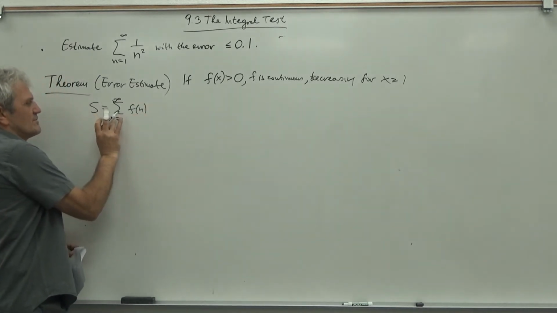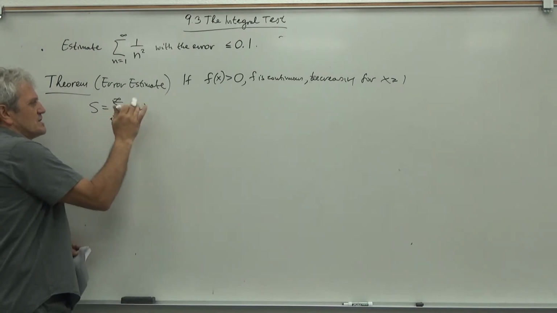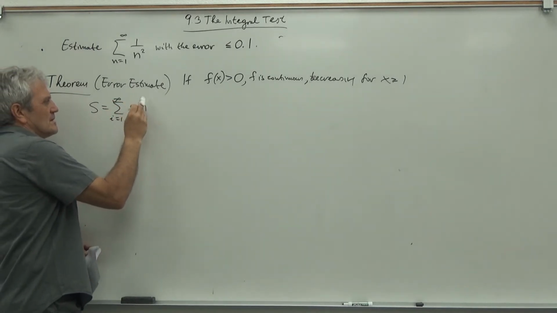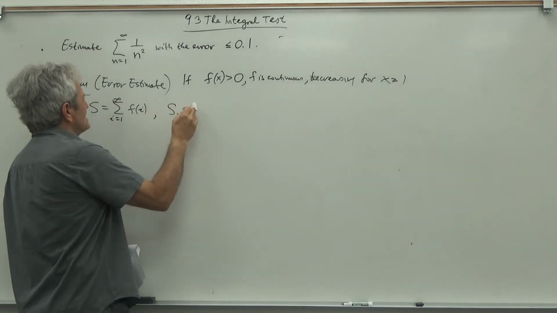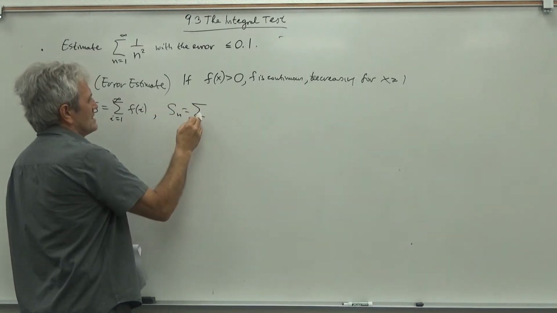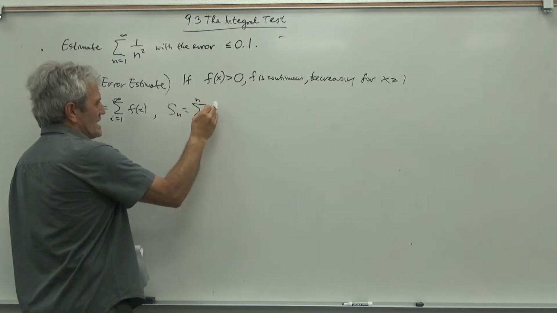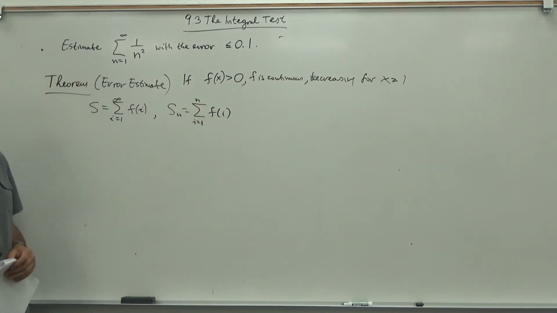Let me call it here f of i. You'll see in a moment why I'm not changing the letter, because I will use n for the stopping value. And Sn is the sum i goes from 1 to n of f of i. So instead of adding them all up, I'll just add the first n.